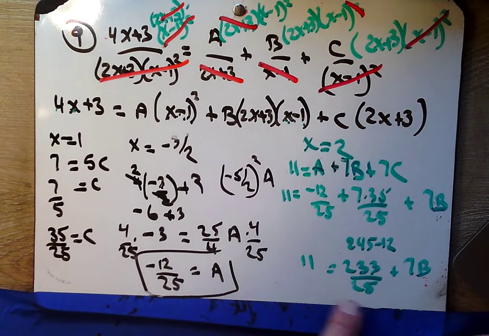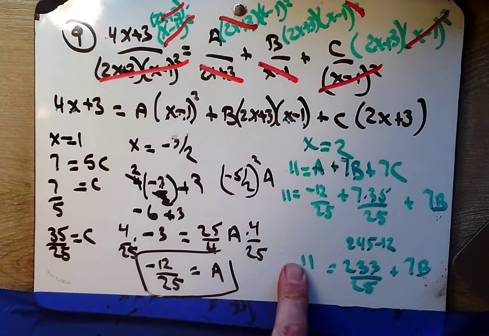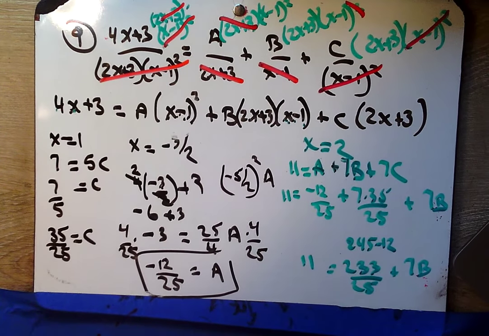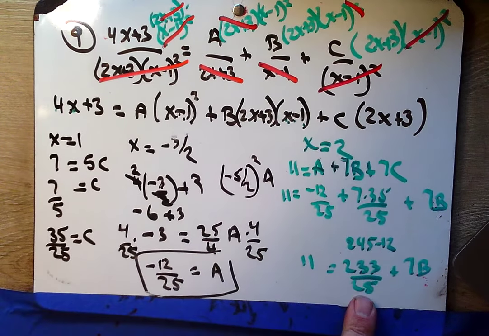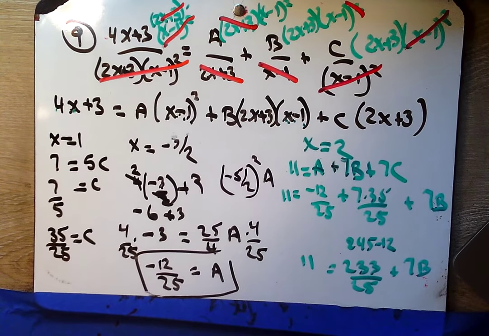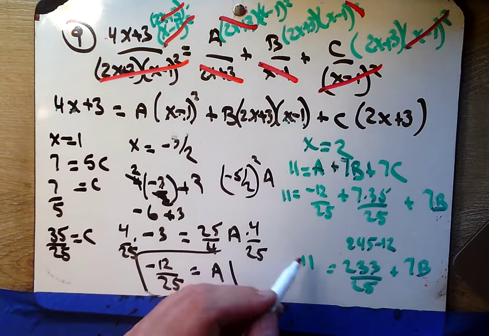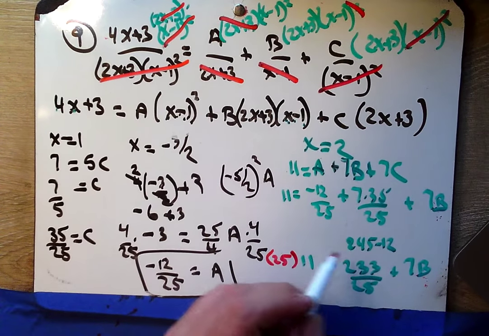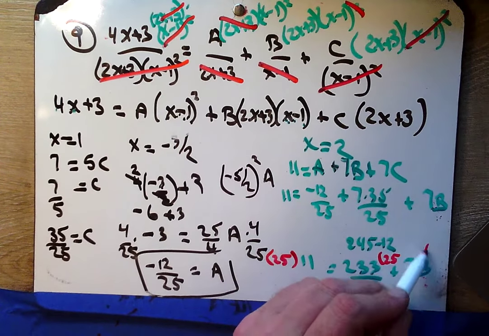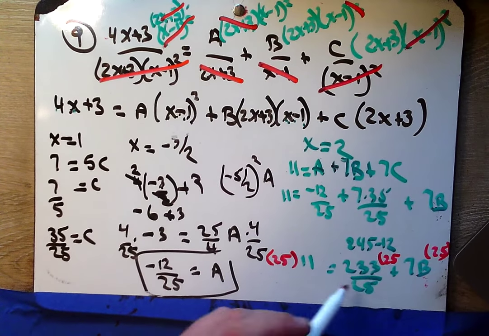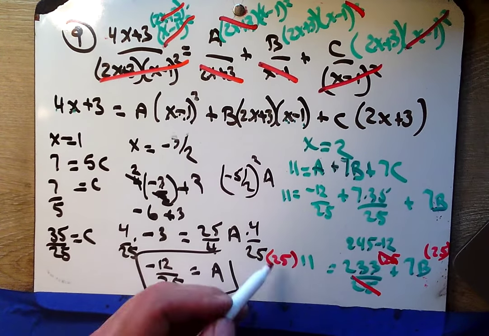I could multiply top and bottom back here by 25 over 25, but I just want to get rid of the fraction. So I'm going to multiply because this is an equation with fractions, and we saw in the Algebra Basics unit that if we multiply everywhere by the common denominator, we can get rid of the fractions.